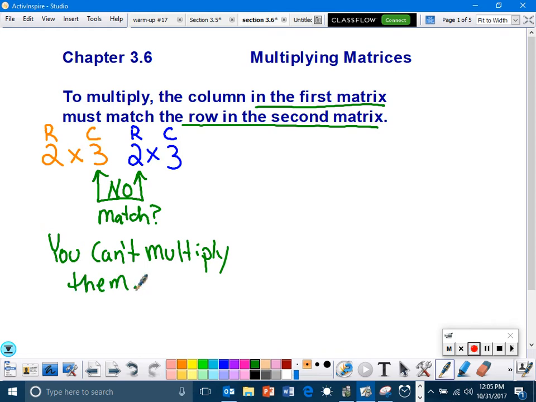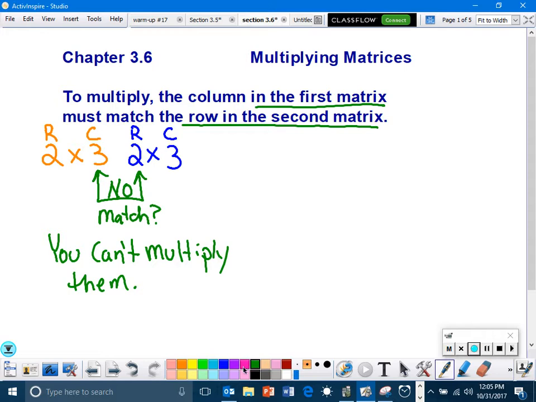It's not possible to multiply them. Okay? You could add or subtract them because they match, but multiplication is a different rule. The column and the row must match, but they do not.